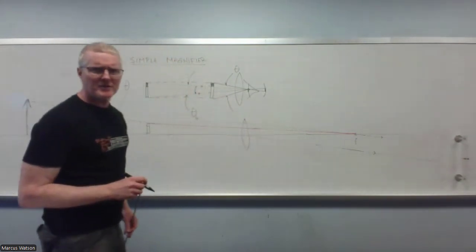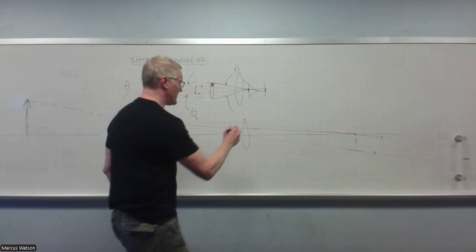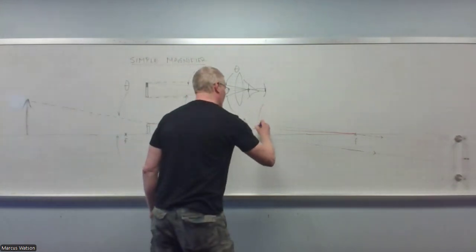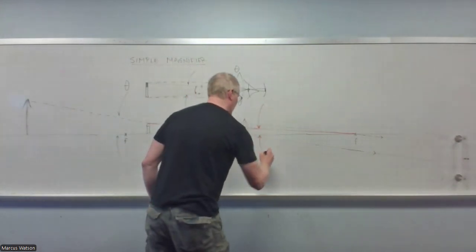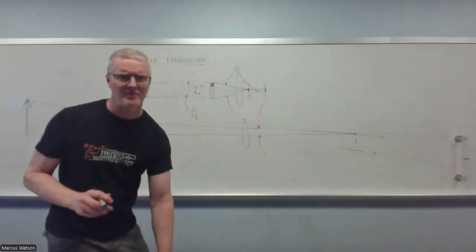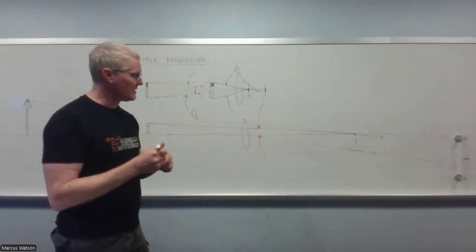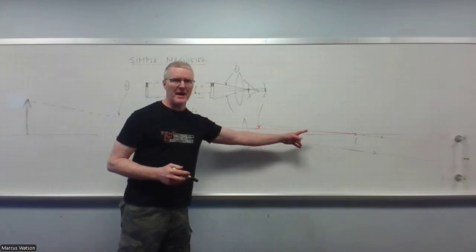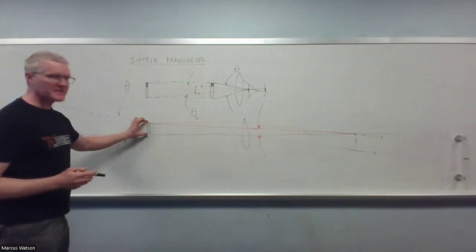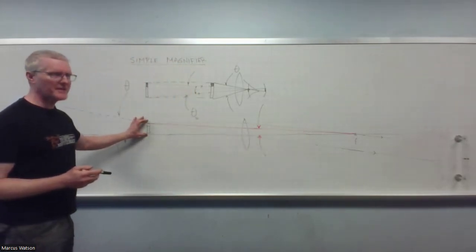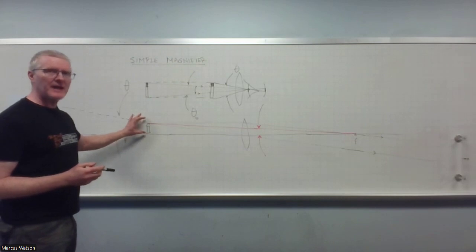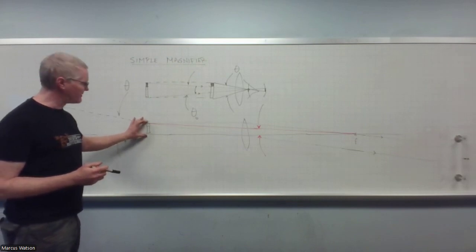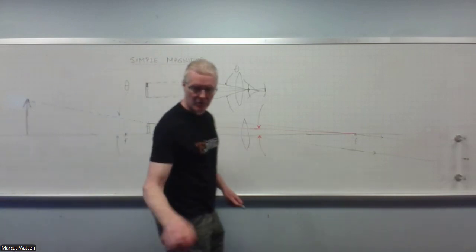Okay, if you can see that line, there's an angle right there. That's the angle I'm interested in. That's the line that my eye would see at the top of the candle, such that the amount of angle taken up in my field of vision is this angle here, which I'm going to call theta naught.